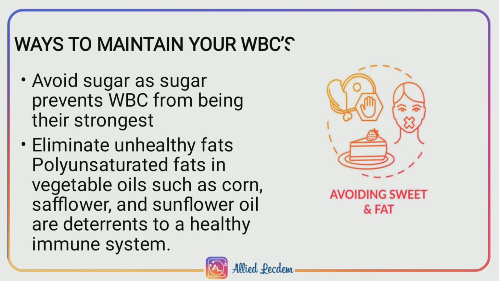Ways to maintain your WBC count. It's better to avoid sugar and sweet stuff as it prevents or lowers the strength of white blood cells. Also, it is important to eliminate unhealthy fats like polyunsaturated fats which are present in vegetable oils such as corn, safflower and sunflower oil, which inhibit the healthy immune system.